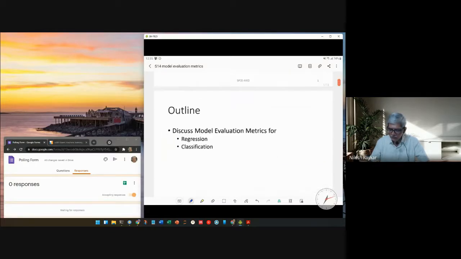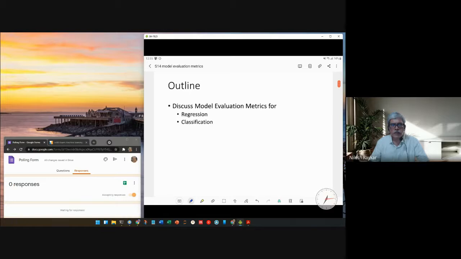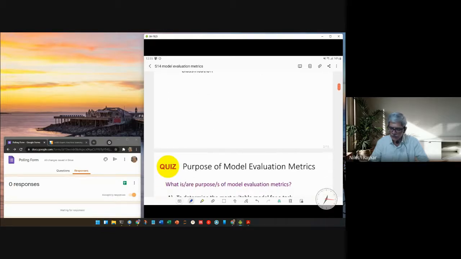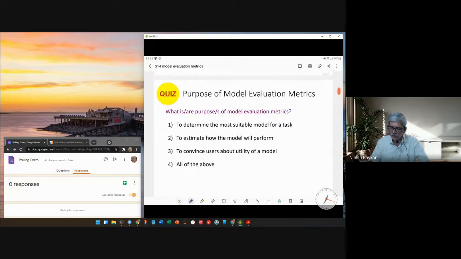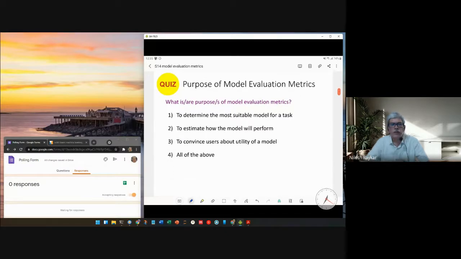What we are looking at here is: what are the advantages of these model evaluation metrics? What is the purpose of using the model evaluation metrics? I have just now released the quiz form. Those who joined late, I will release it once more.